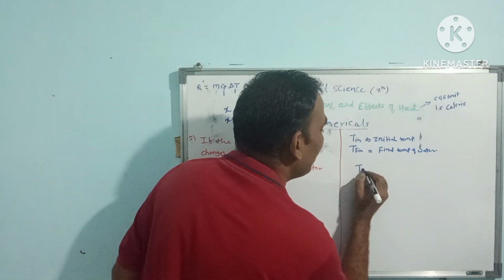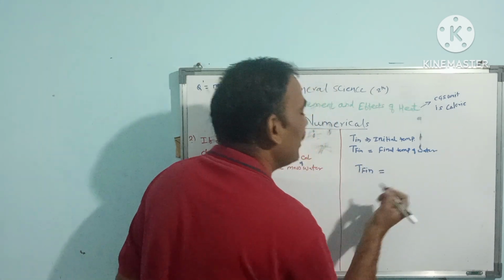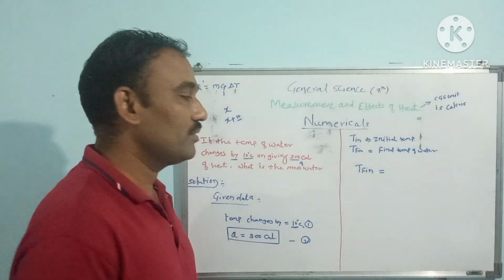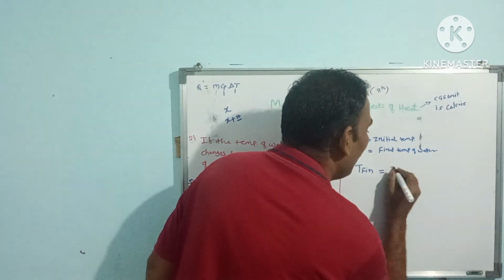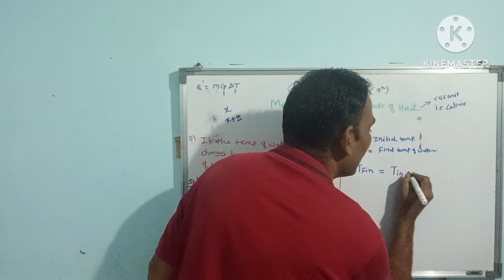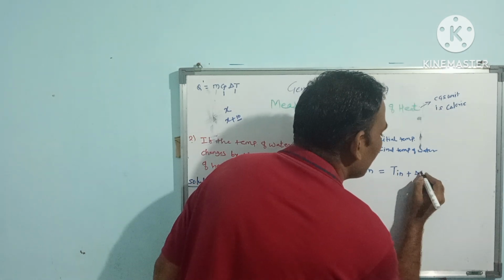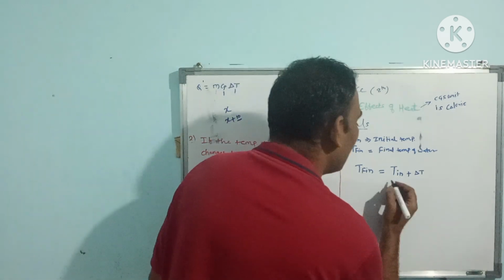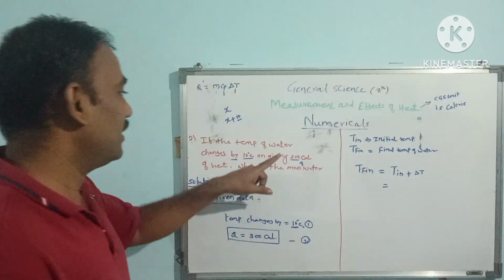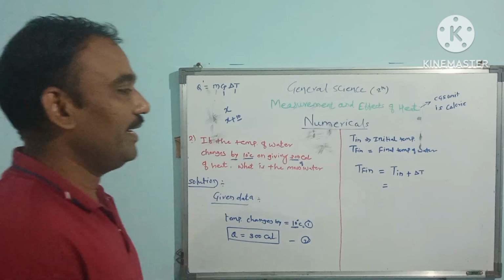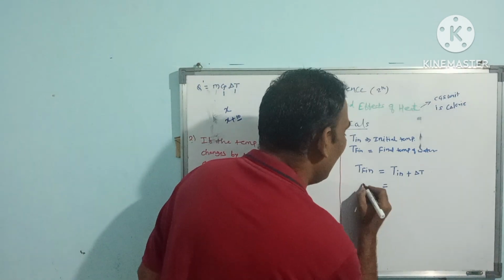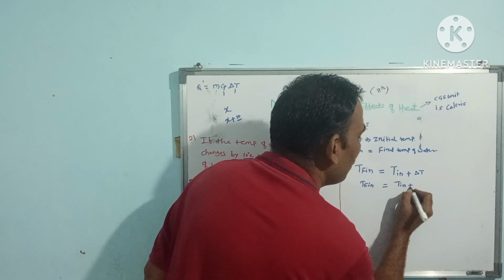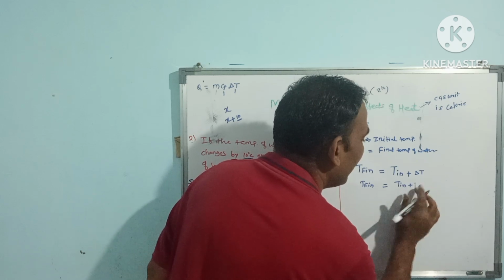Write the equation in this way. T final, the final temperature of water, is always equal to T initial plus the temperature difference. In the problem it is given that the temperature of water changes by 10 degrees Celsius, which means T final is equal to T initial plus delta T, that is 10 degrees Celsius.